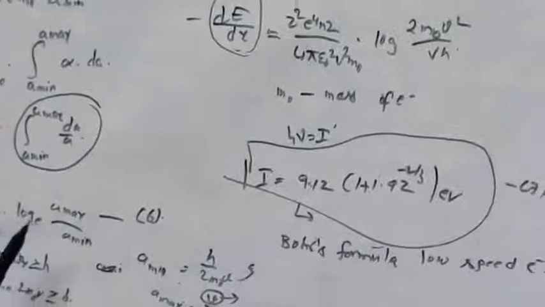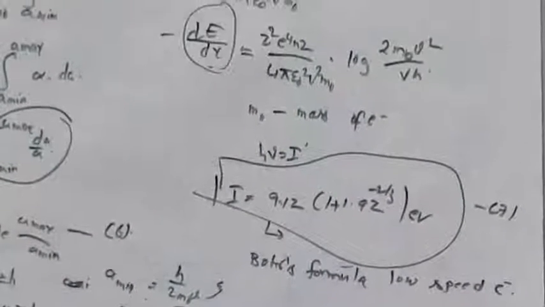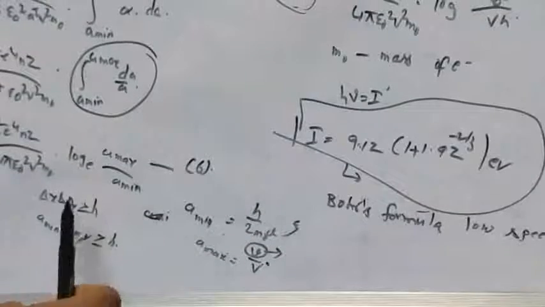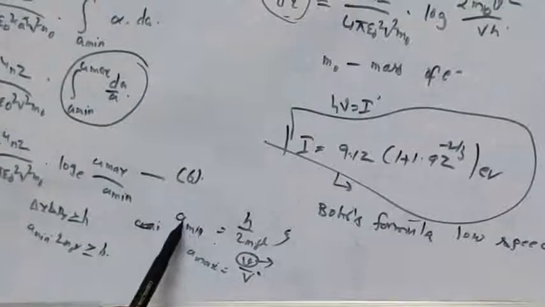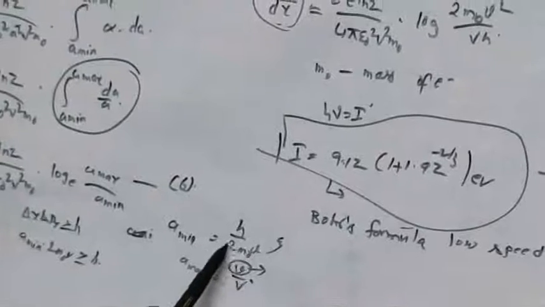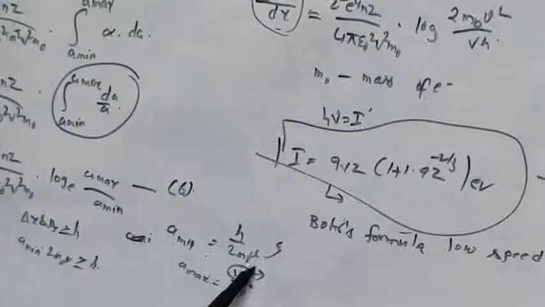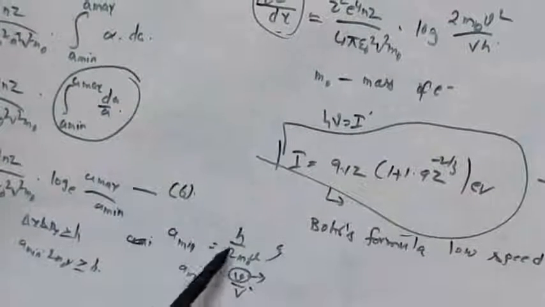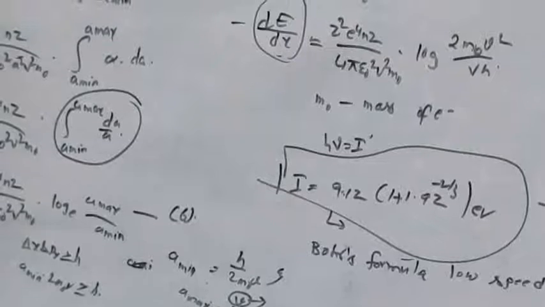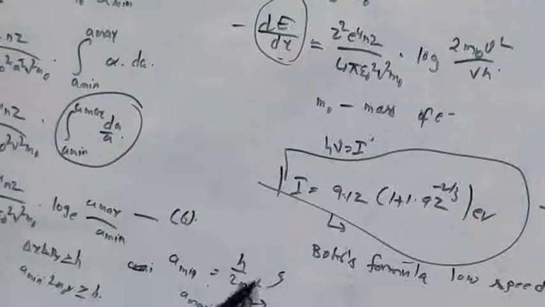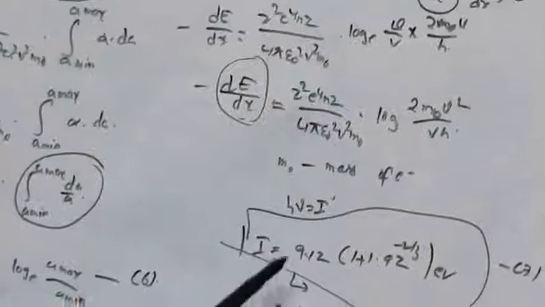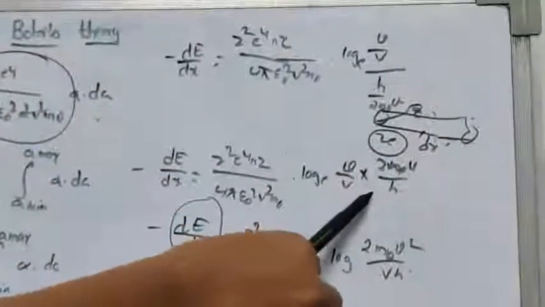From that we calculated A minimum and A maximum. A minimum is given by h by 2 m naught v, and A maximum is equal to v by nu. Then by substituting those we got this equation.